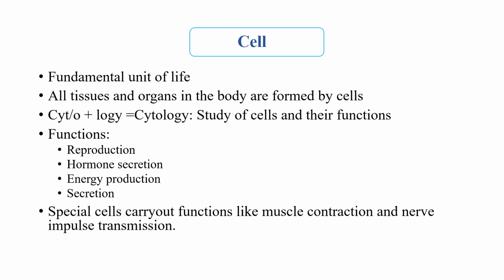Individual cells perform functions for the body like reproduction, hormone secretion, energy production and secretion. Special cells in the body carry out very specific functions like contraction of muscles and the electric impulse transmission of nerve cells. The cells in the body come in different shapes and sizes.